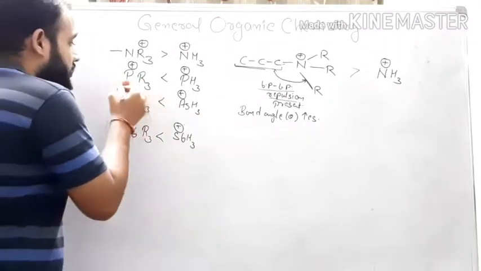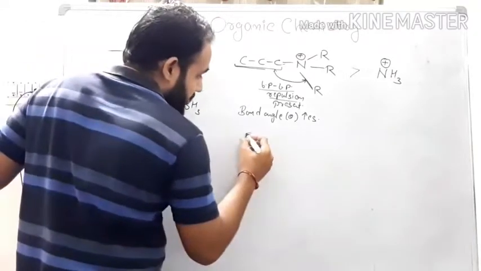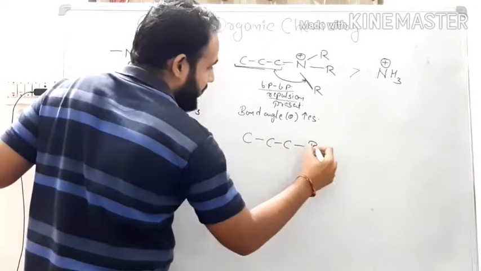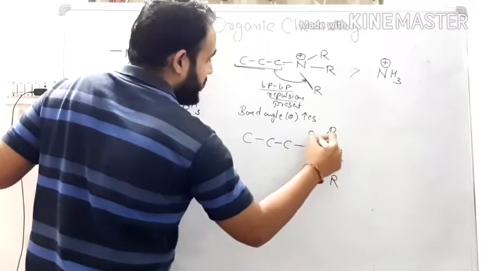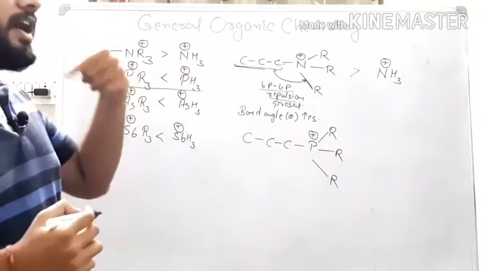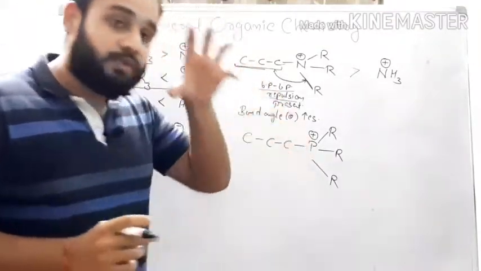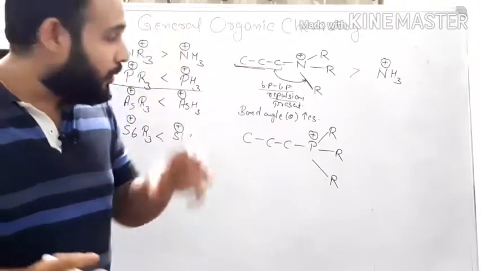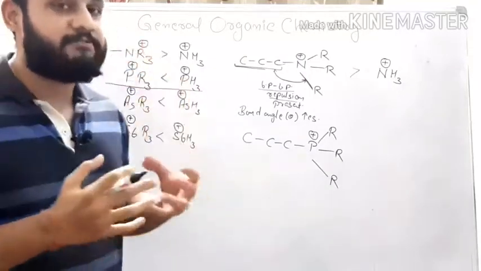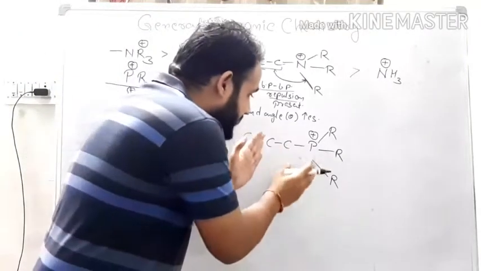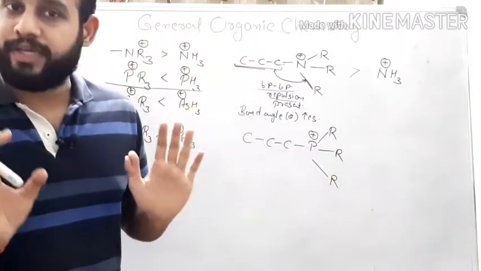Now we can talk about PR3 and PH3. As you see, PR3 binds with the alkyl carbon chain. Here you know that the size of the phosphorus atom is greater than the nitrogen atom. So phosphorus has a big size, and bond pair repulsion will be absent, because the distance between the carbon chain and alkyl groups is enough, so they can't repel each other.